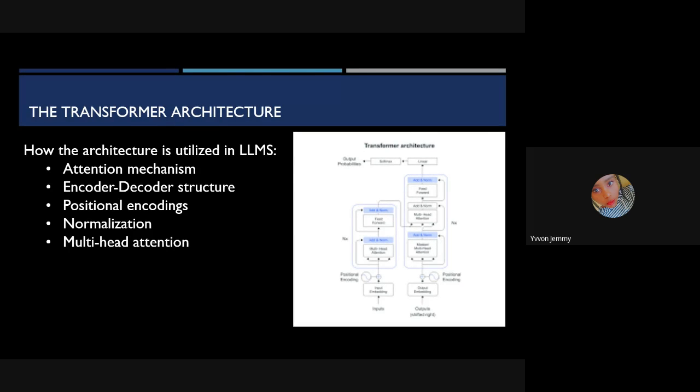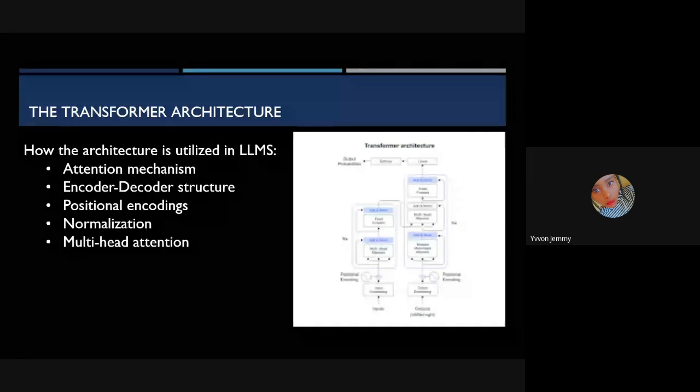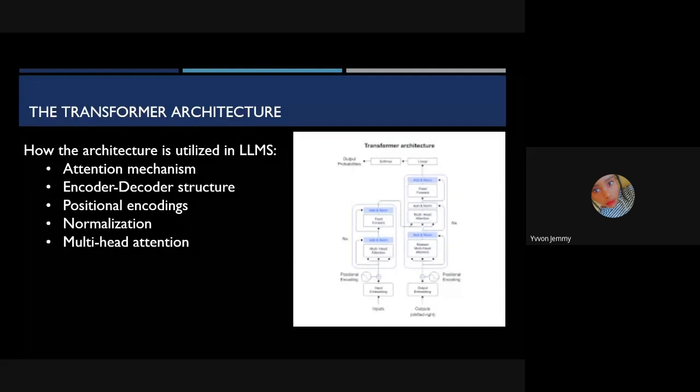That is the attention mechanism. It is used to weigh how important a word is in a statement. For example, in "I went to the desert," desert and I are really important in that statement, but went is not that important.